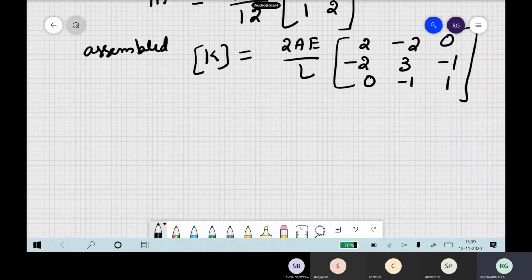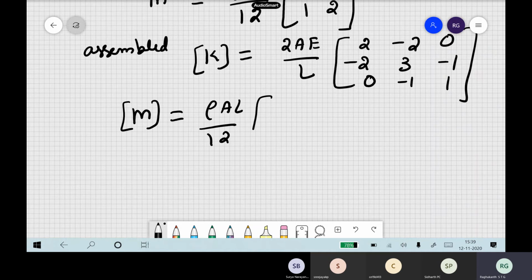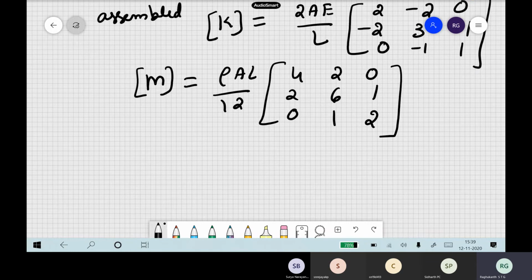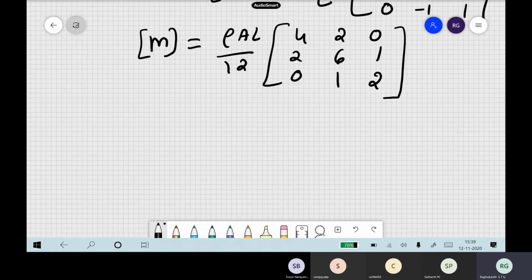This is the assembled stiffness matrix, and you have the mass matrix in the same fashion: rho AL by 12 times [4 2 0; 2 6 1; 0 1 2]. These are the stiffness and mass matrices. Now for free vibration problems, how do you find the natural frequency?